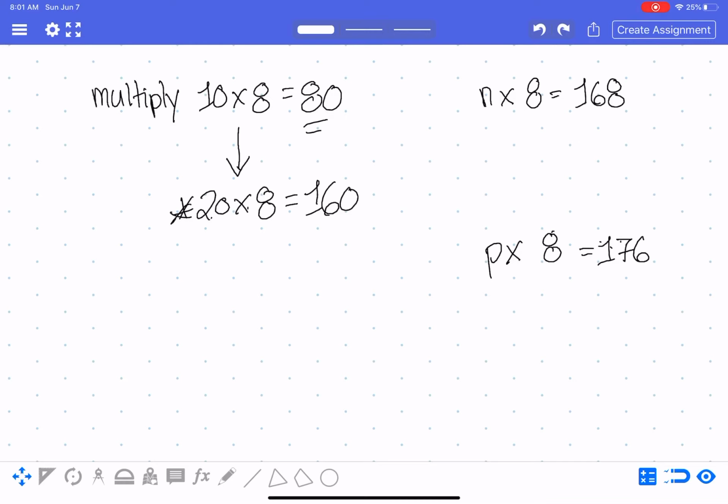So I could even rewrite that. I could say 20 times 8 equals 160, right? And that means that there's just 8 left over because we want to get to 168, right? So that's 1 times 8.